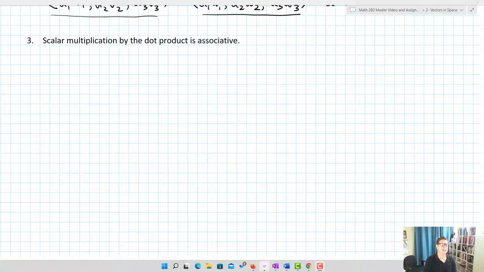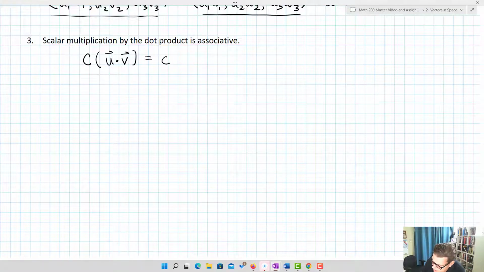Our next property is that scalar multiplication with the dot product is associative. So what does that mean? If I've got the scalar c, and I multiply it by u dot v, I take the dot product first and then multiply by c. This is either going to equal c times u, scalar multiplication first, and then dotted with v, or it could also be u dotted with cv.